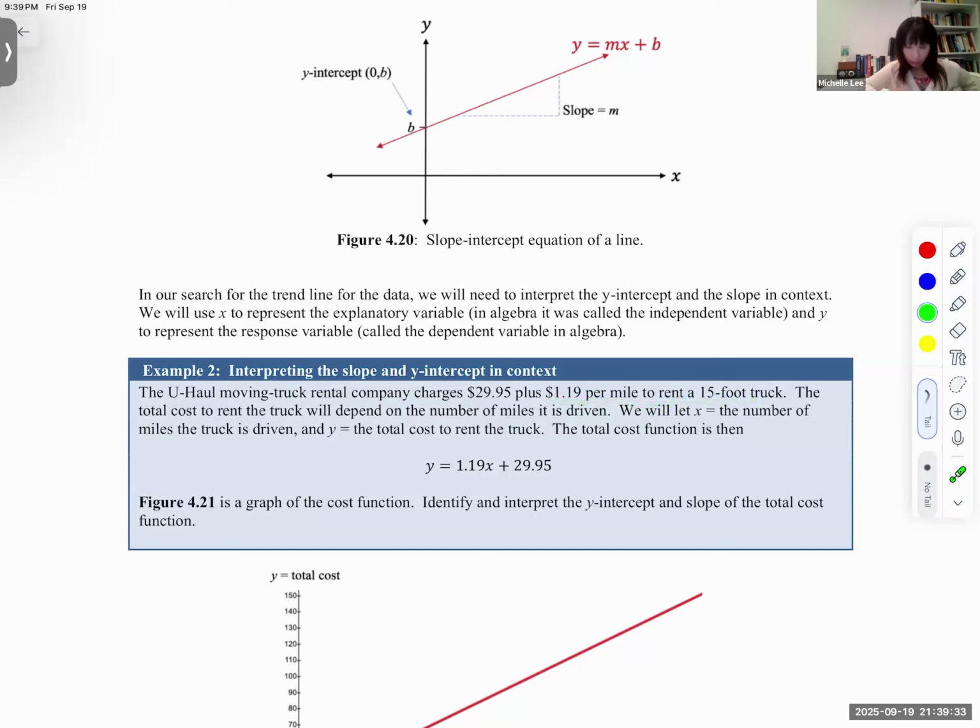Let x equal the number of miles the truck is driven and y equal the total cost to rent the truck. Then we can say that y equals 1.19 per mile times x, because x is the number of miles the truck is driven, plus $29.95.